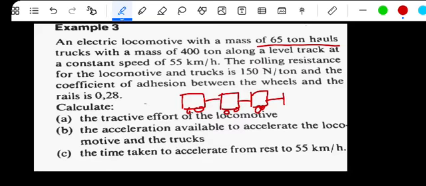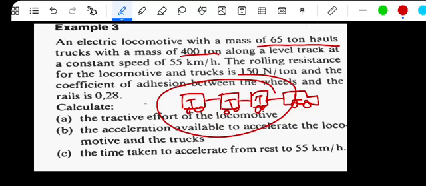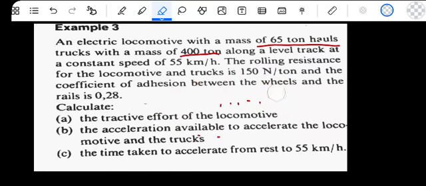This is your locomotive here, and these are the trucks. Those trucks have a total length of 400 meters. When you combine the mass of all the trucks, it gives you the total mass of the trucks. You have that situation there, just giving a picture so that you will see it.